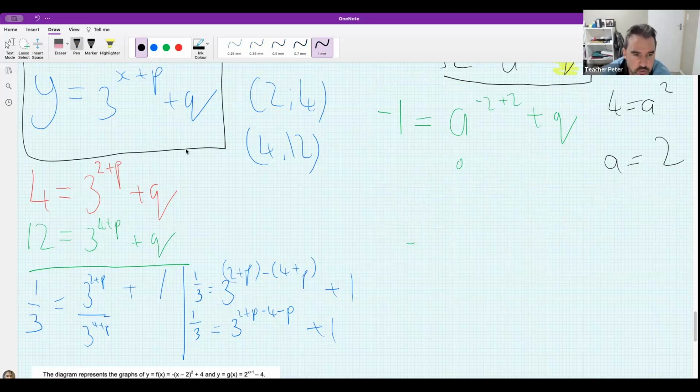So if I don't divide them, I initially thought I could divide them, but instead I'm going to subtract them. So let me subtract. If I go 4 minus 12, and then I go for this one, I go 3 to the 2p minus 3 to the 4 plus p, and then q minus q is 0.